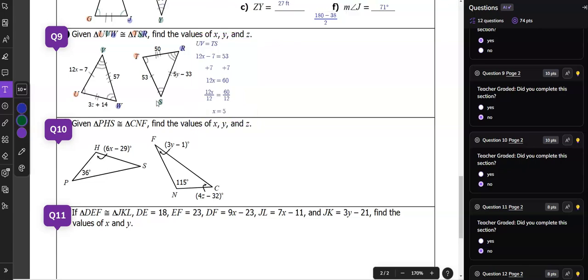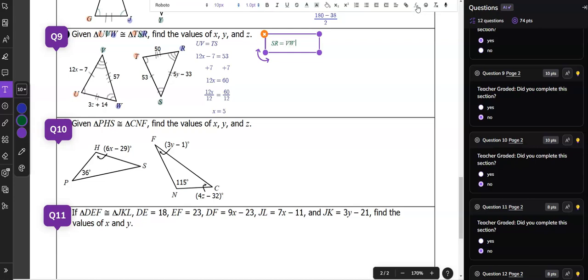All right, up next we're going to do y, which is along line SR. So we are going to remind ourselves, again, that segment SR is going to be equal in length to segment VW because they are marked congruent as they're the green and blue sides.